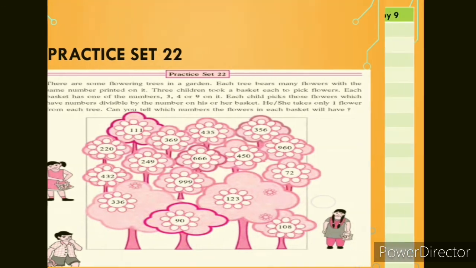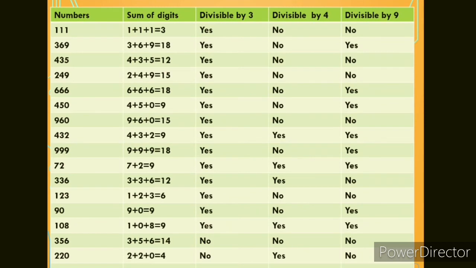Okay, let's see. Now here first number is 111. If we are adding, we get 3. It is divisible by 3, so yes. Divisible by 4, no. Divisible by 9, no. So first child which is having the basket number 3 will have this 111 number.